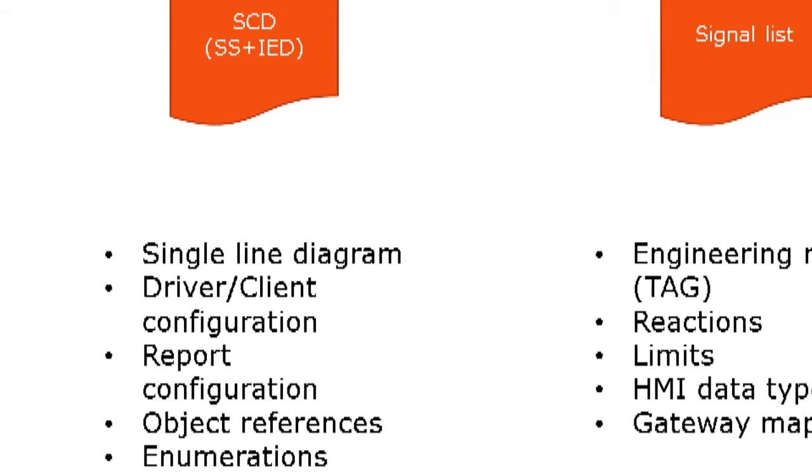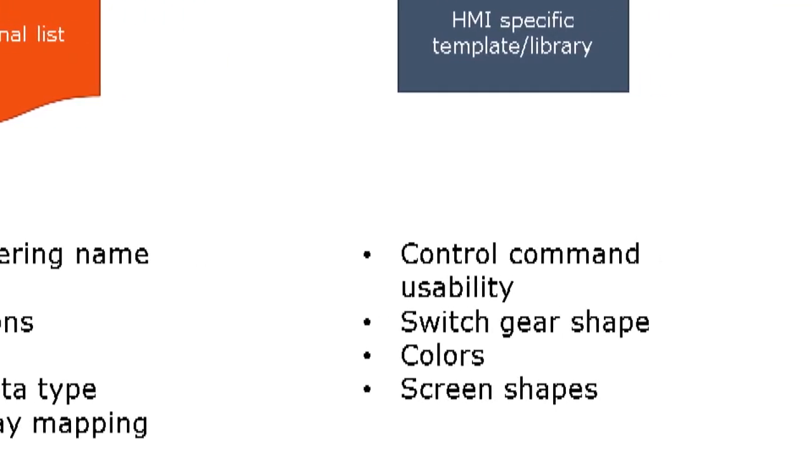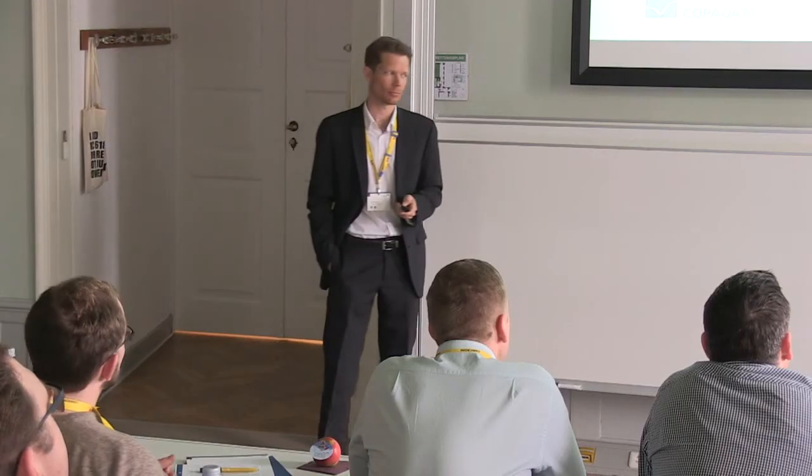Enumerations, maybe the signal list, which gives us more information like the reactions, limits, data types, gateway mapping, very important information from here because we wouldn't ever get it here or here. And then the HMI specific stuff. As I said, usability, switchgear shape, maybe colors, fonts, and so on.